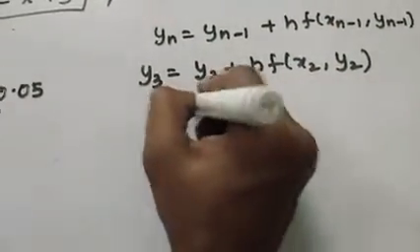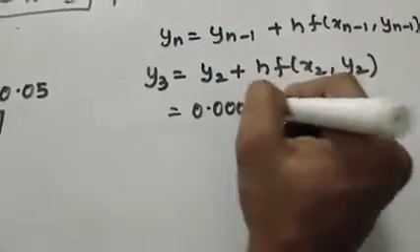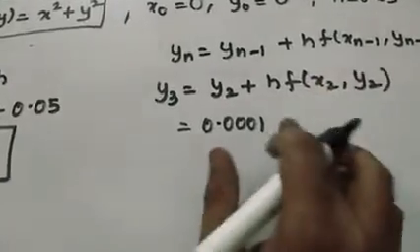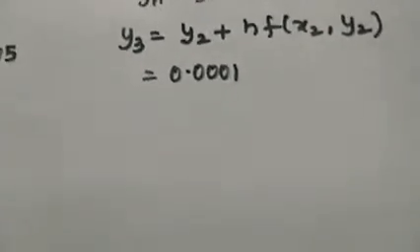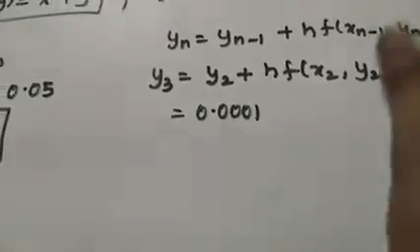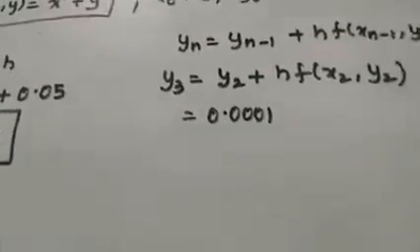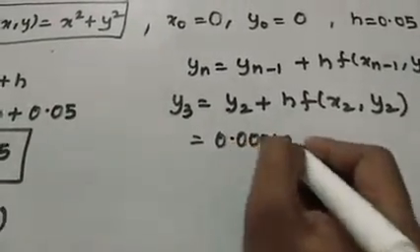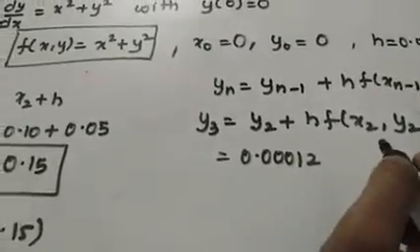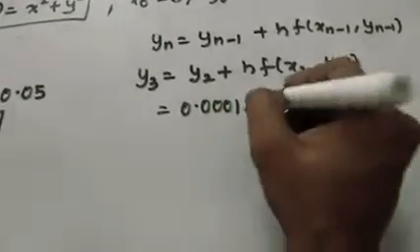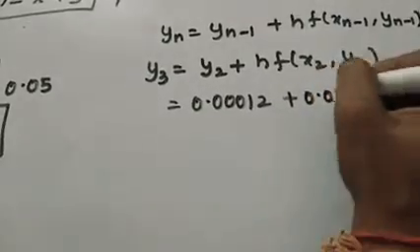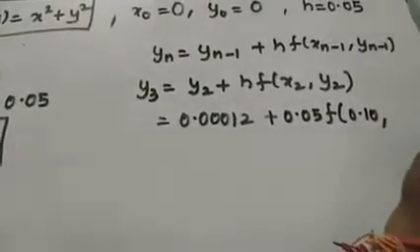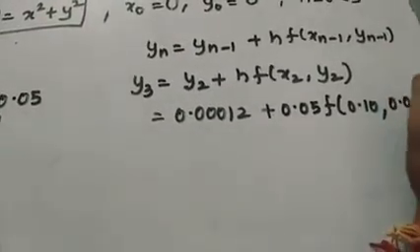Now what was your y2 value? 0.0001 plus, but remember one thing, when we are approximating, we can approximate the final result, but while putting the values, always put the total value we get. So we get the y2 value as 0.00012. Now we are not writing the approximate value, I'm just writing the full value, plus h is 0.05, f of x2 was 0.10, and y2 is 0.00012.